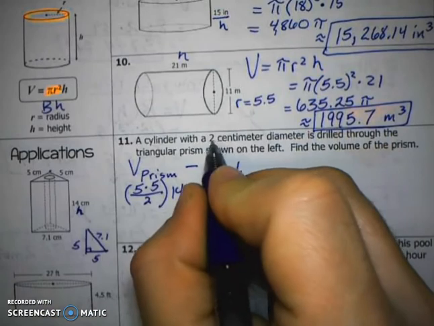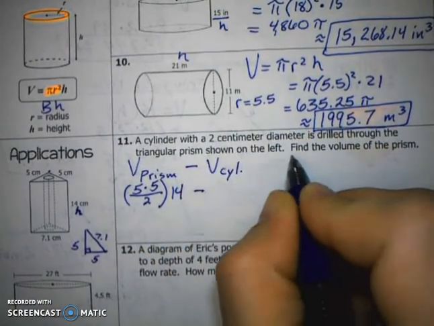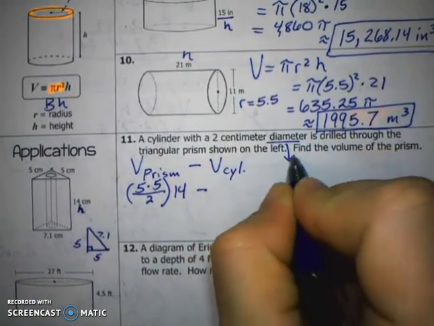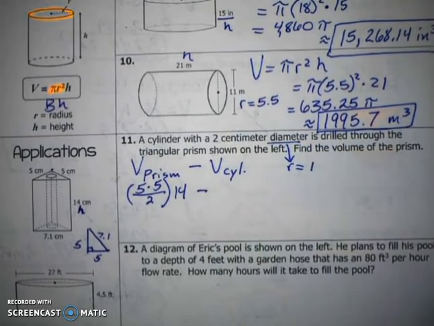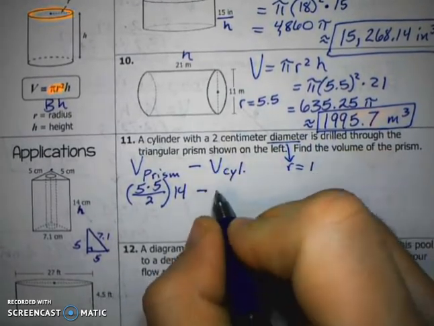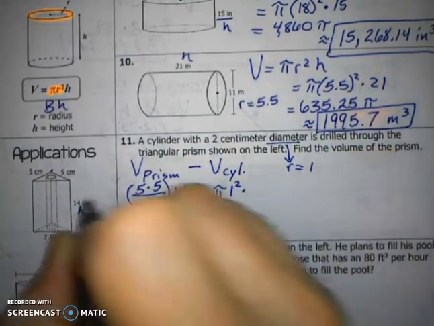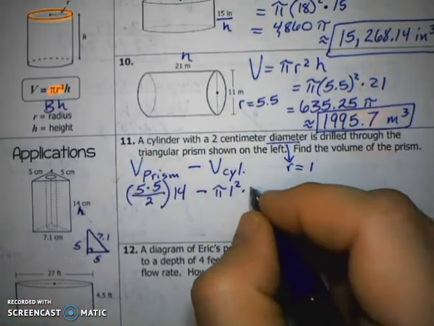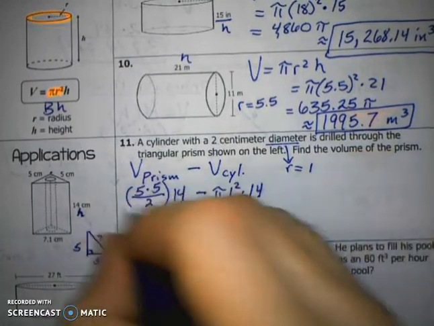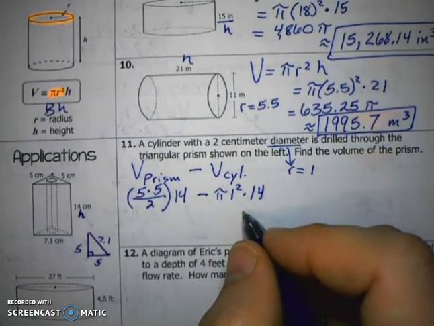So if the diameter is 2 centimeters, the radius is half of that, or 1 centimeter. So we're going to do pi times that radius of 1 squared times, again, the height of your cylinder, the whole 14 centimeters. And then we're going to simplify all this, and that'll be our answer.